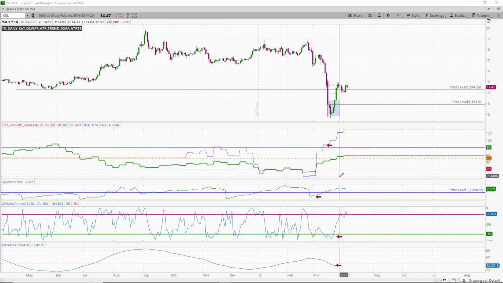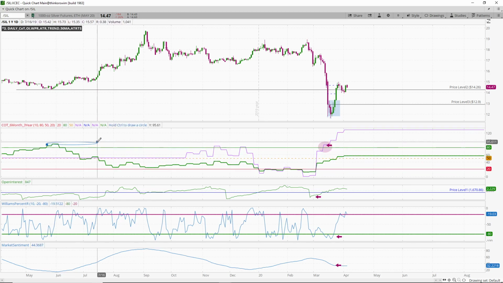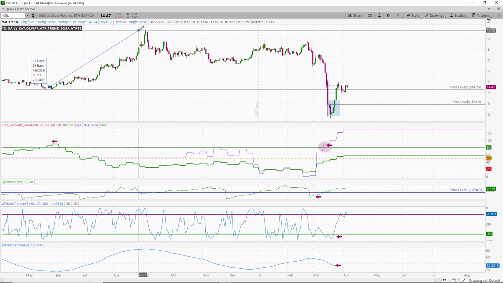I think we reported this on the last CoT report, that when they started getting bullish back here, this was a really good indication, because they hardly ever hold long positions on the 3-year index or on the 6-month index. For 2 weeks they got a little bit bullish here, and there was quite a bit of price action movement to the upside.